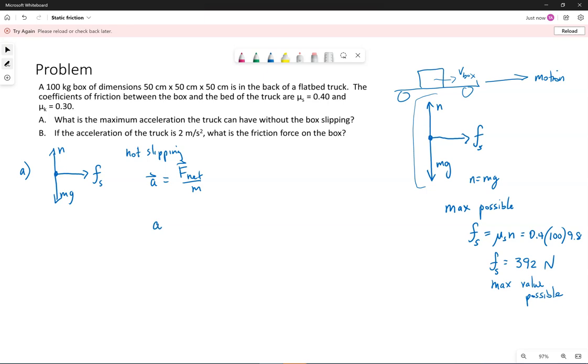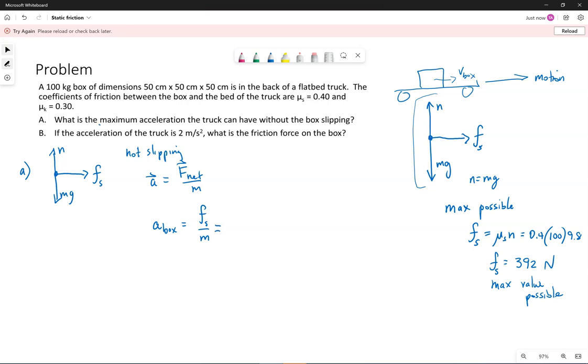The acceleration of the box specifically is going to equal whatever the static friction force is while it is not slipping divided by m. So the acceleration of the box will equal the acceleration of the truck.